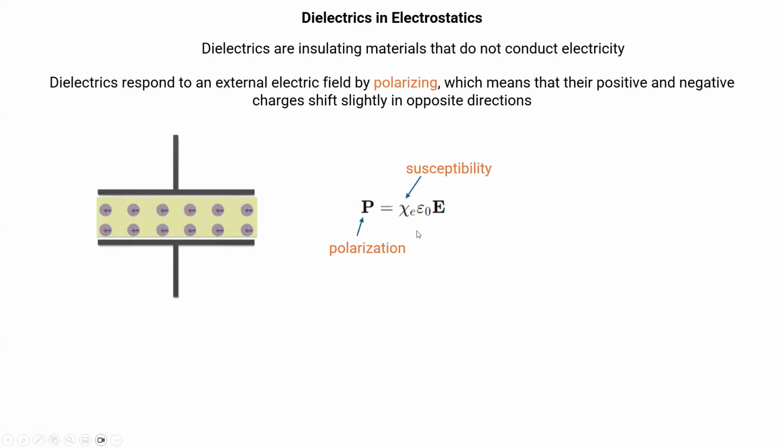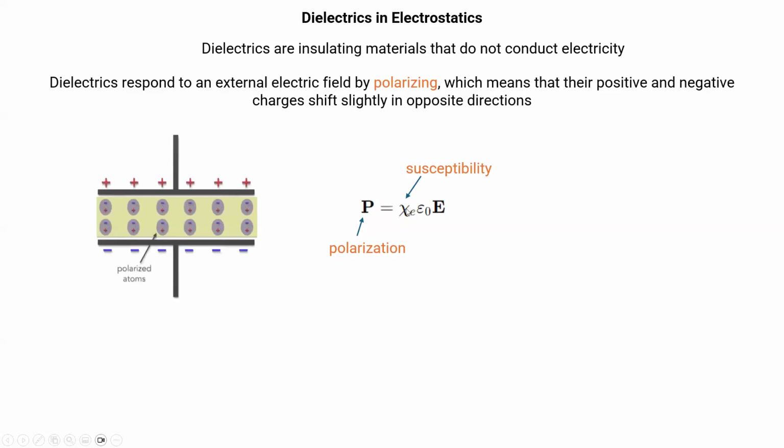This polarization state is described by a new vector, capital P, called polarization. And since this polarization is proportional to the value of the electric field, we introduce a new coefficient of proportionality. It's called susceptibility, or sometimes we call this polarizability.